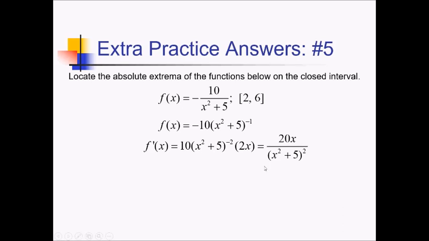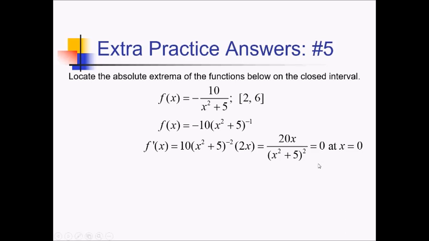Now we need to know where this equals either 0 or is not defined. Well, a fraction equals 0 wherever the numerator equals 0. 20x equals 0 at x equals 0.